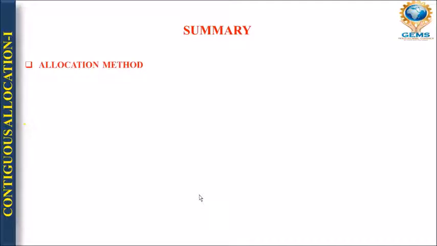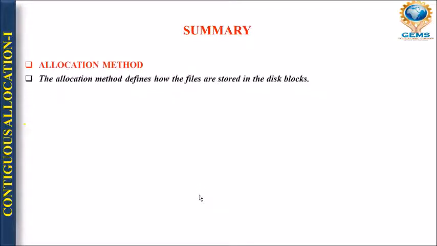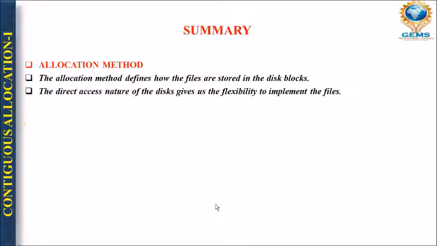Okay, let's talk about the summary. What allocation methods have we studied so far? The allocation method defines how the files are stored on the disk blocks. The direct access nature of the disk gives flexibility to implement the file.